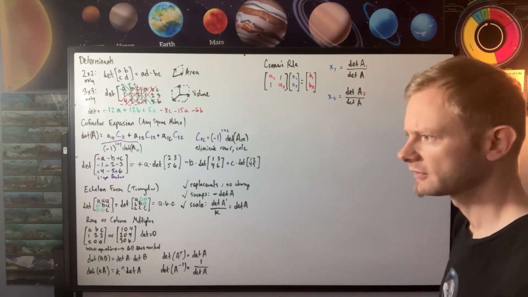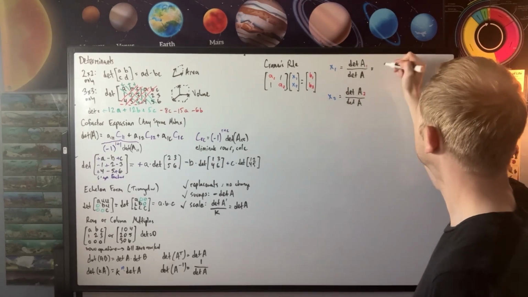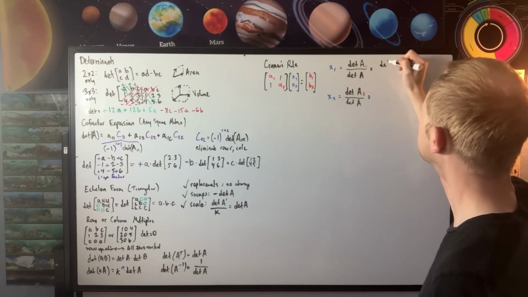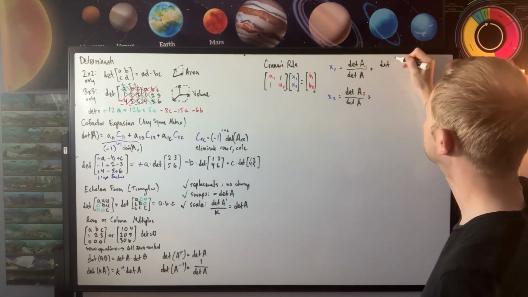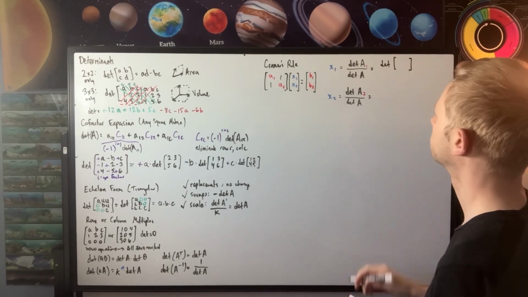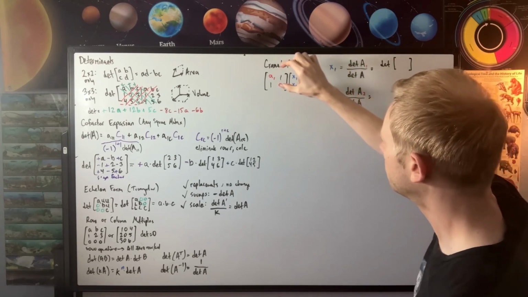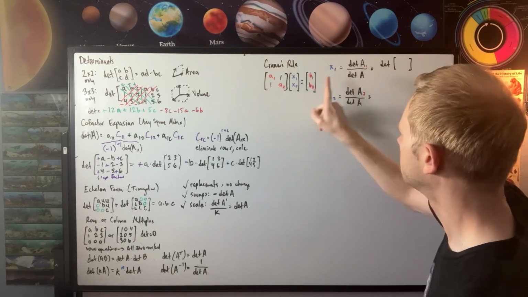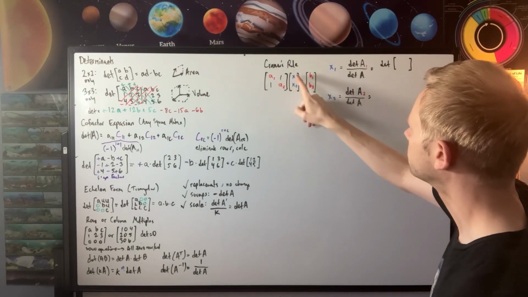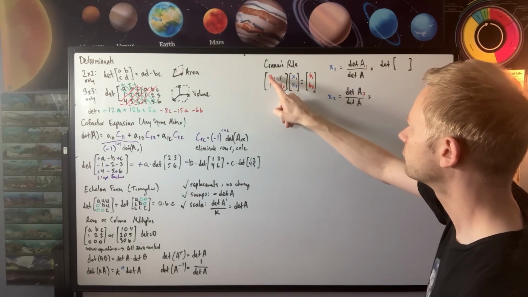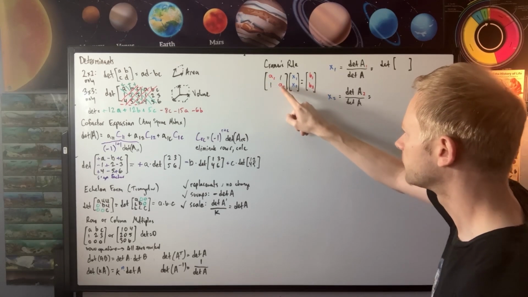So what are these sub 1s and sub 2s? Well, basically, we're going to be creating a new matrix over here, where we're going to replace this B and put it in, well, whatever x we're trying to solve, so this is this one here, it's corresponding to this pivot, and this one corresponds to that pivot.